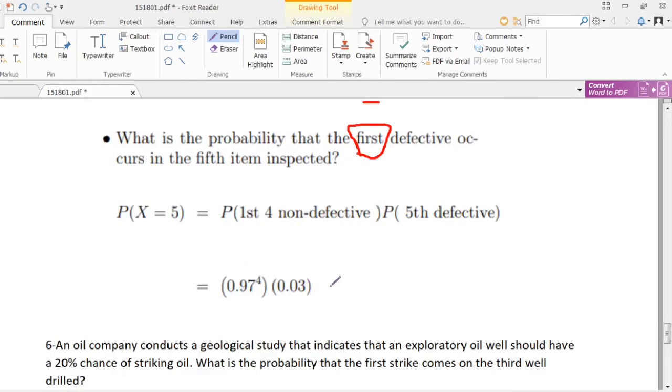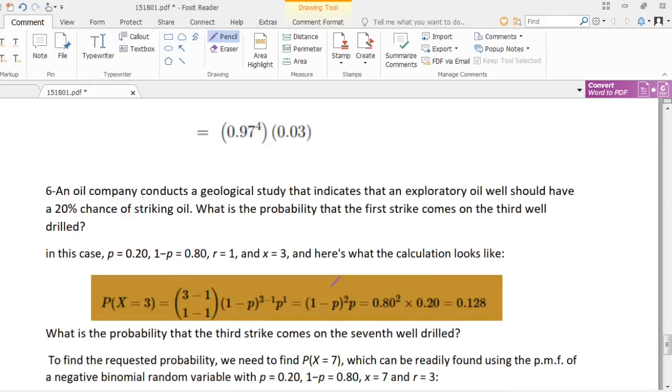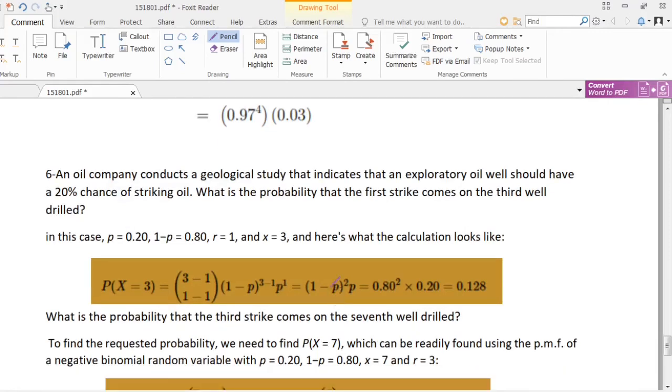Okay. The next example is a little bit complex. So we have an oil company doing exploration, drilling many wells to find oil, and he tells you that it has a 20% chance of striking oil. That's a 20% chance of finding oil.